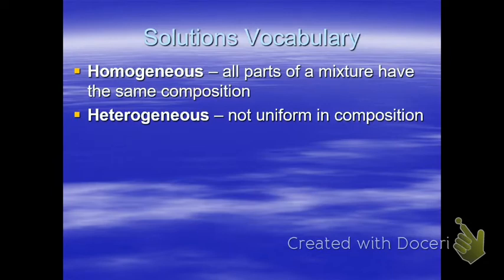If you took a scoop of vegetable soup from one side of the pot and another scoop from the other side of the pot, they would not have the exact same composition. A homogeneous mixture is the same thing as the word solution. They are synonyms. So from now on, I will probably use the word solution rather than saying homogeneous mixture because it just takes too long to say.